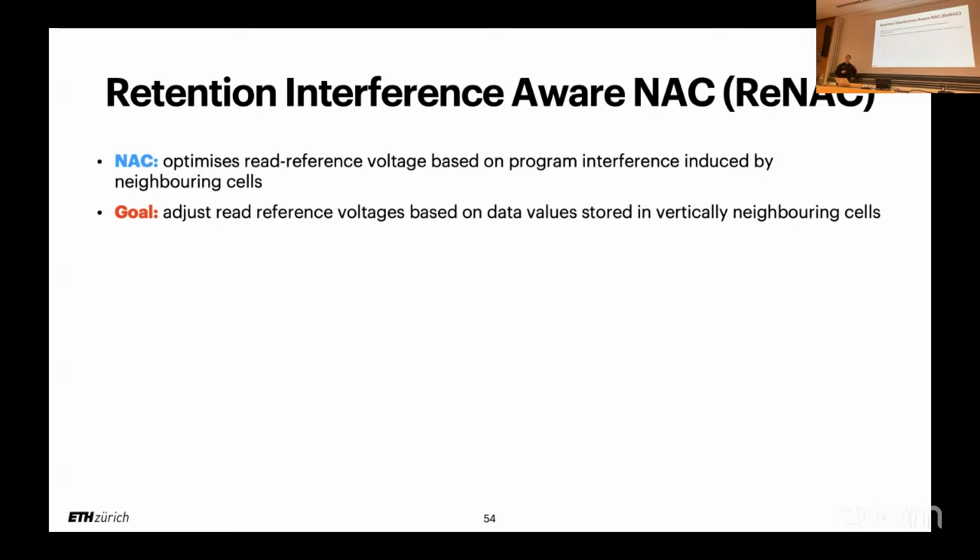And this is done in planar NAND, where basically the current cell can also be affected by horizontally adjacent cells because the technology node is so small that even horizontally adjacent cells can impact the threshold voltage. But in 3D NAND, we basically look at retention interference. So this is the vertically adjacent neighbors instead of the horizontally adjacent neighbors. So we adjust this NAC kind of technique a little bit for that.